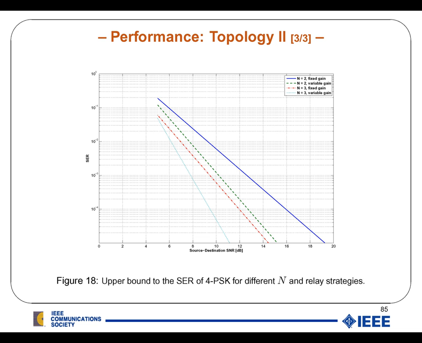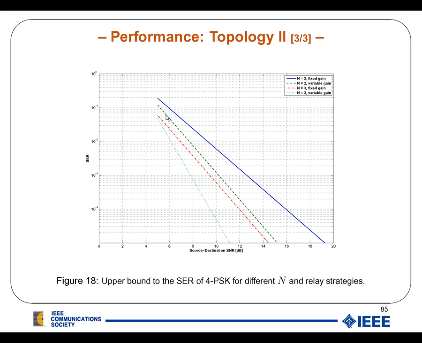If we plot now the symbol error rates versus the source to destination signal to noise ratio in dB, and we look at different cases here. Let's look, the blue line here is the fixed gain with 2 receive antennas. That one here is a variable gain with 2 receive antennas, so that has a diversity order of 4 actually.